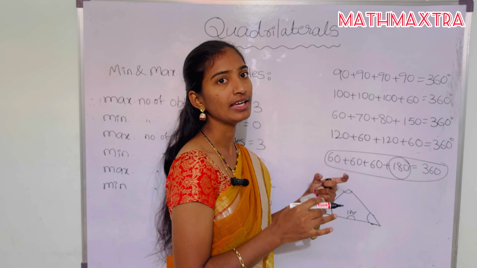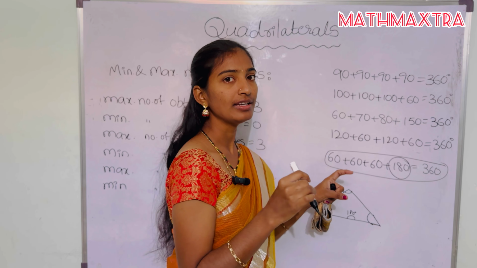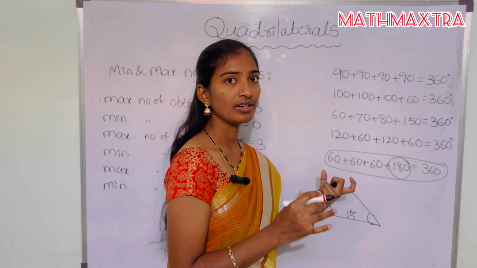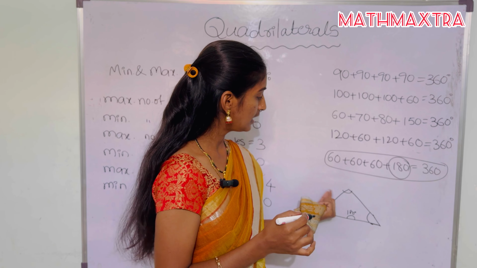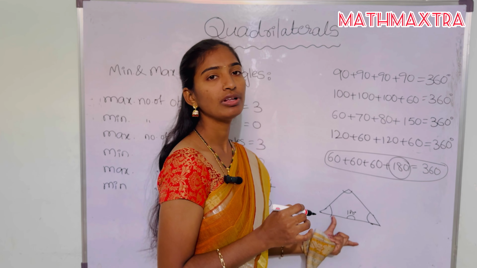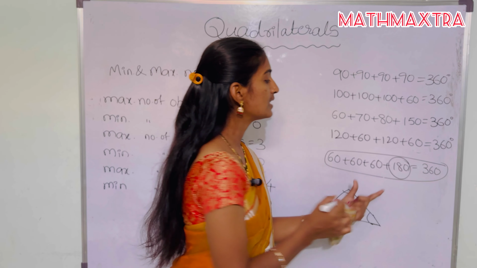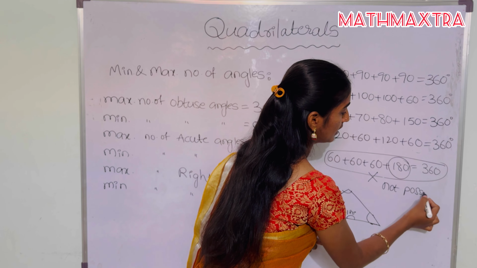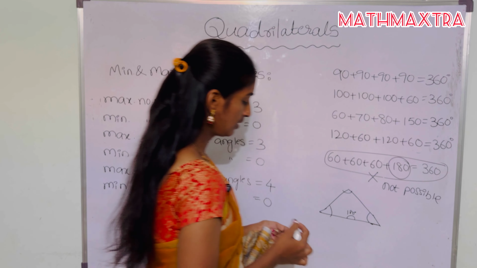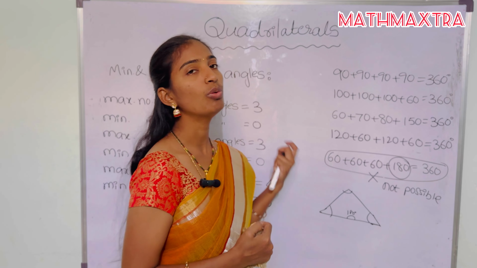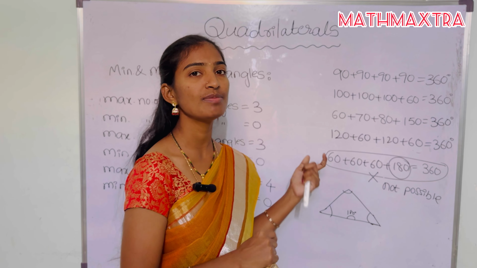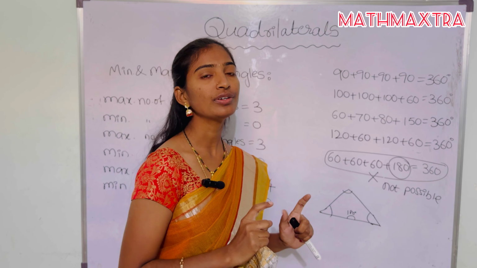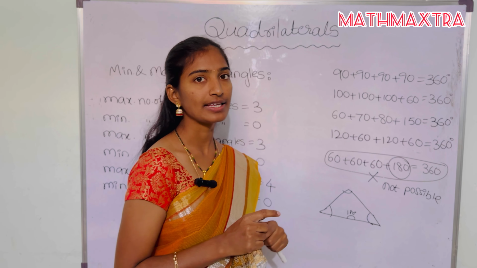Then only we can say the quadrilateral is formed. Means a simple closed figure is formed by 4 line segments. See, in this only 3 line segments. We don't call this a quadrilateral. That is why this case is not possible. Okay. If they ask how many straight angles are possible in a quadrilateral, you should say 0. We should not consider straight angles in a quadrilateral.